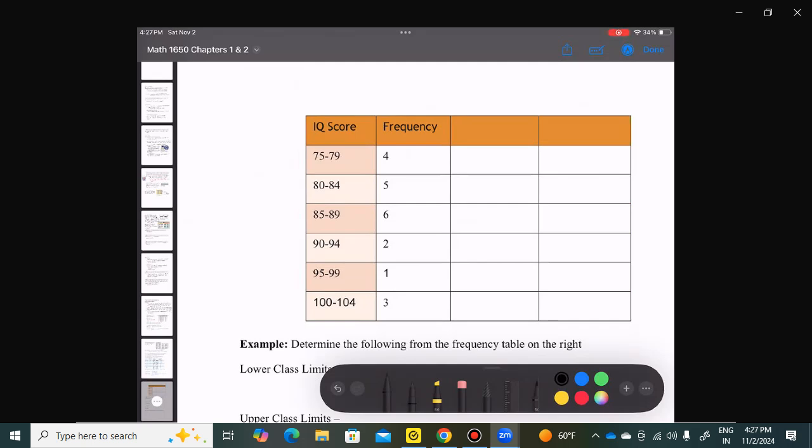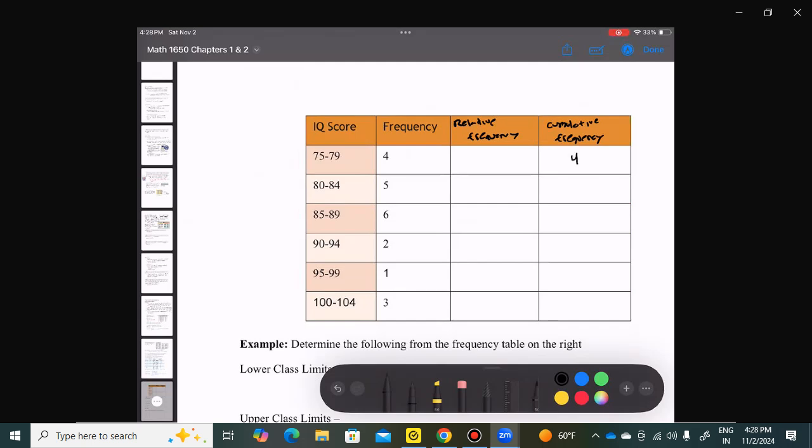So we're going to look at another data set. This is with the IQ scores. We're going to find the relative frequency and the cumulative. So frequency for 75 to 79 is 4.